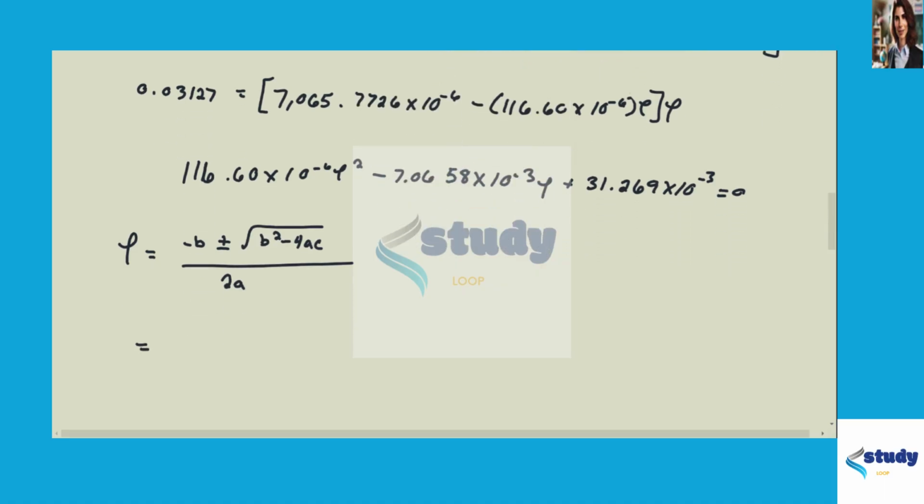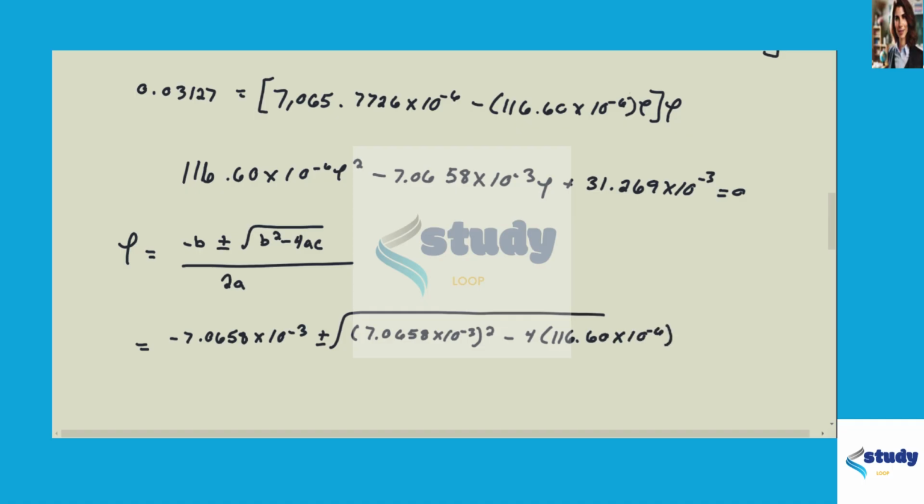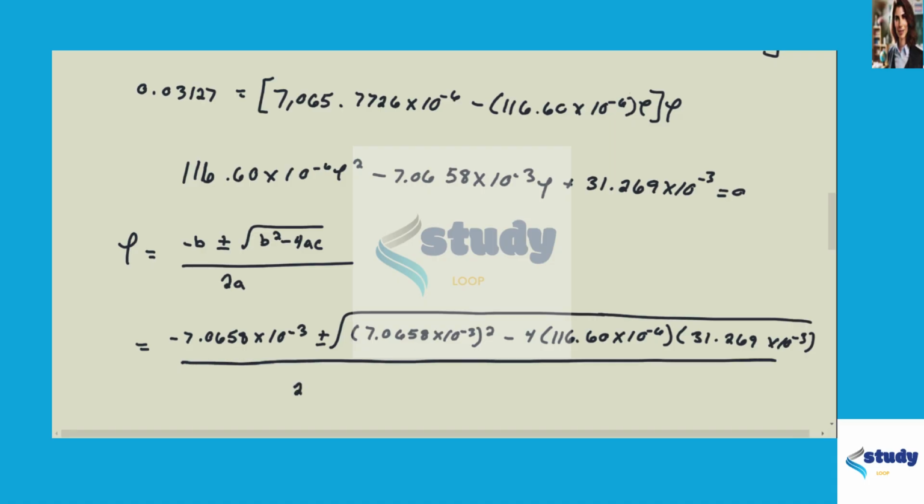And from this, we have negative 7.0658 times 10 to negative 3 plus or minus the square root of 7.0658 times 10 to negative 3 squared minus 4 times 116.60 times 10 to negative 6 times 31.269 times 10 to negative 3, all divided by 2 times 116.6 times 10 to negative 6.